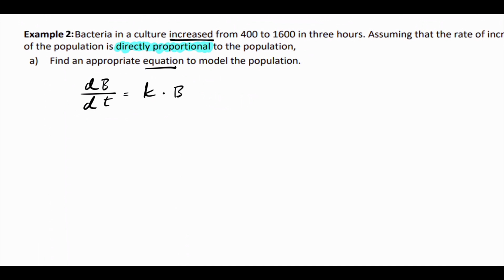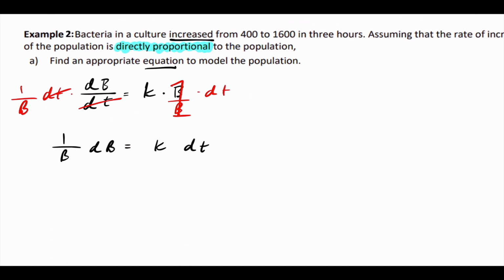Good. So I have 1 over capital B dB equals K dt.